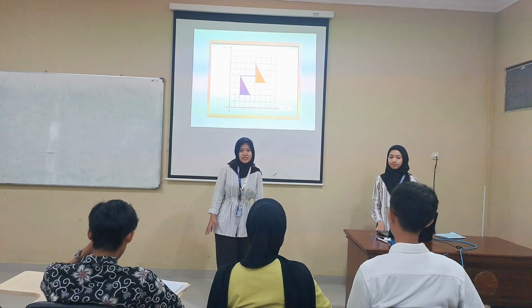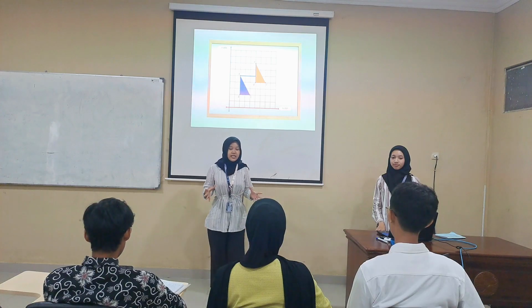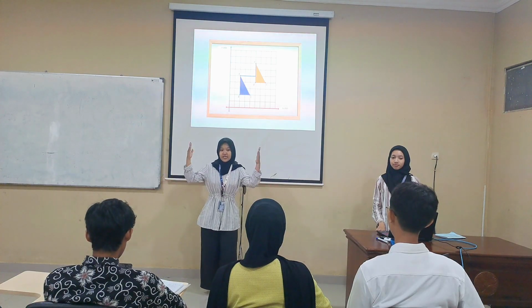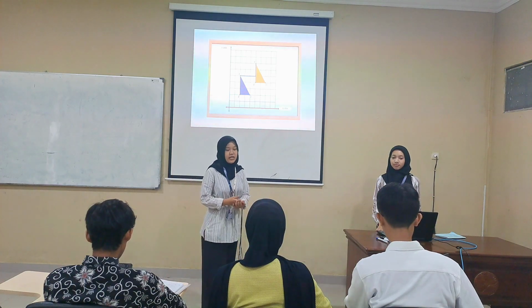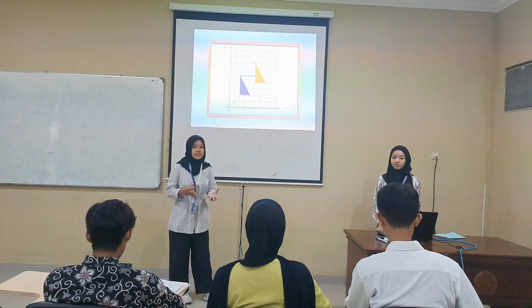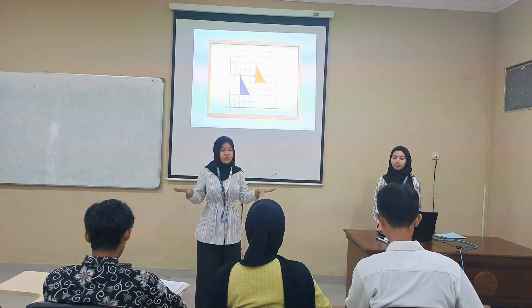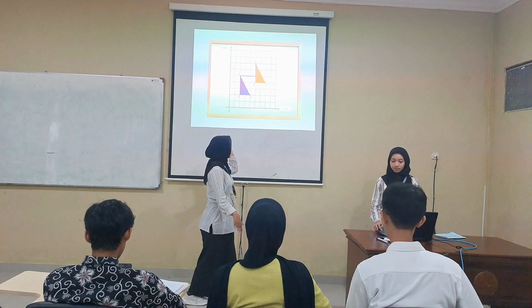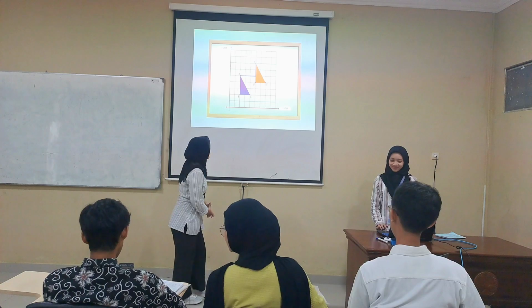To perform this translation, we need information about how far a point is shifted horizontally and vertically. The magnitude of the displacement is written as the translation vector (a, b), where a is the horizontal displacement along the x-axis and b is the displacement along the y-axis.